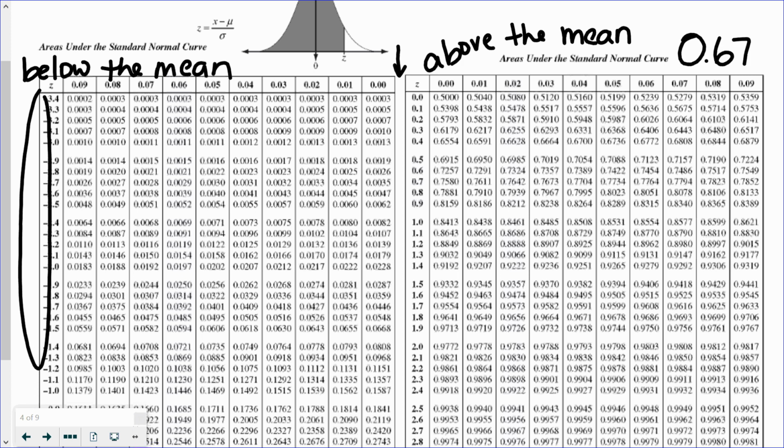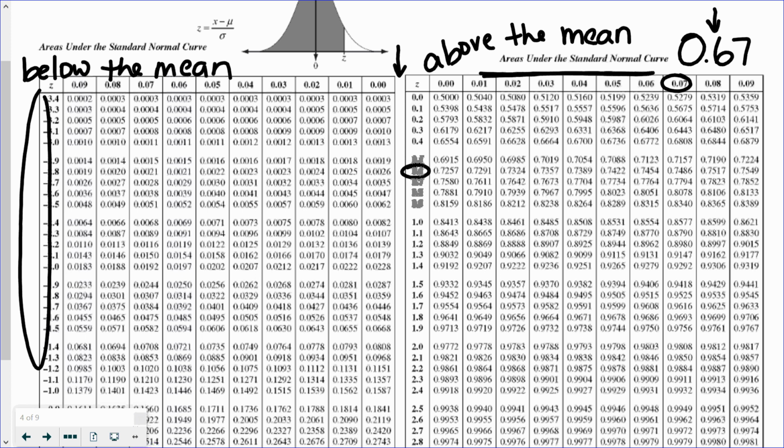The way that we use this chart is we want to find the corresponding part that says 0.67. This column here has our ones and tenths place, and the column across the top has our hundredths place. So we need to scroll down to 0.6, and then in the hundredths place, I have 0.07.